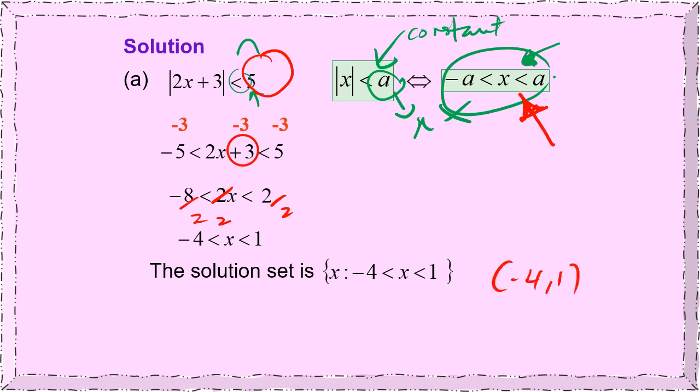For question B, absolute of 5 minus 3x more than or equal to 9. So this is more than. If it's more than, then what I will always do: 5 minus 3x more than or equal to 9. Because it's more, it should be or: 5 minus 3x less than or equal to negative 9.